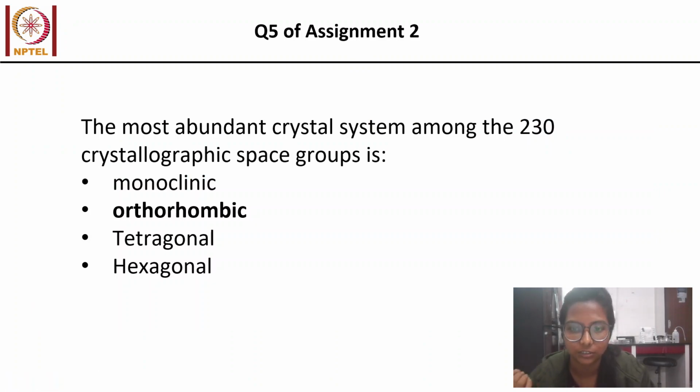It's a knowledge-based question. This kind of thing, as I said before, you can't derive, so you have to know that.